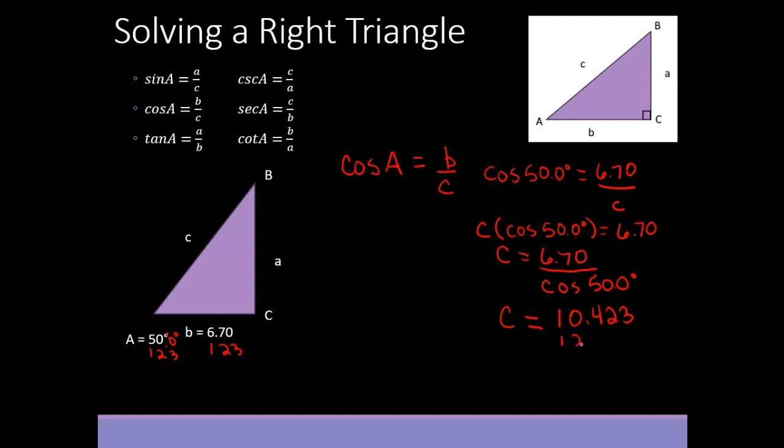So we need to do 3 significant digits for our answer and make sure we round correctly. So if that is a 2, then we're going to leave that 4 the same as it is. That means C is 10.4. So B was 6.70, because we have to have that extra 0 in there in order to have 3 significant digits. And C is 10.4.